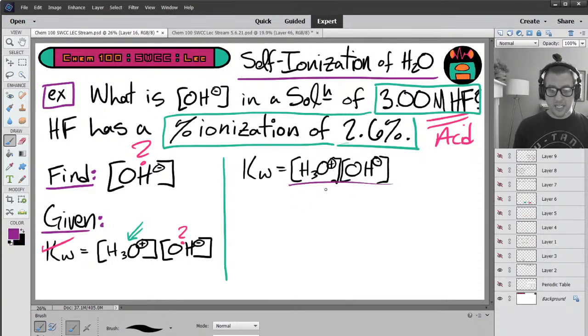If I divide both sides by the molarity of hydronium, I can solve for the molarity of hydroxide.